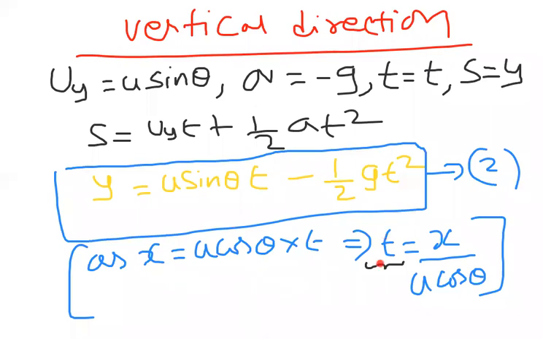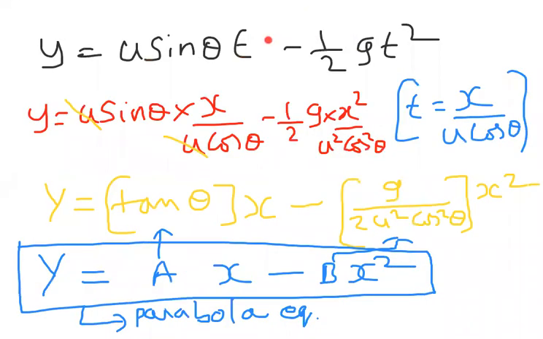From that, t is x by u cos theta, because horizontal or vertical, time is the same, simultaneous action. So I substitute this t value here, t as x by u cos theta.